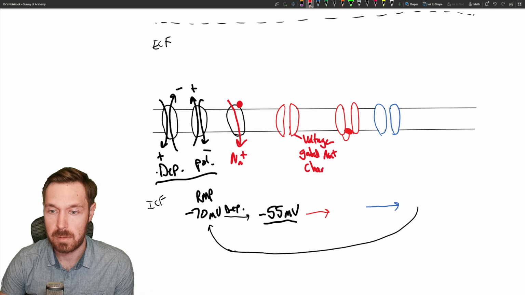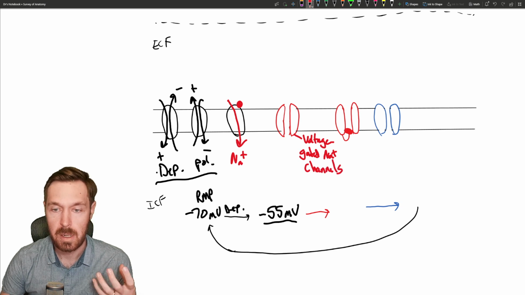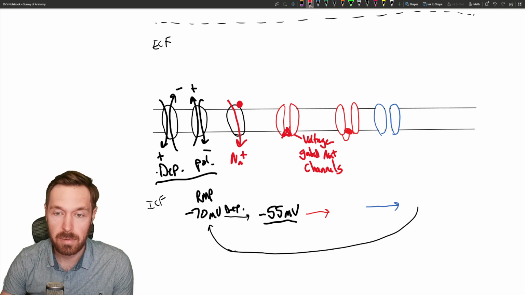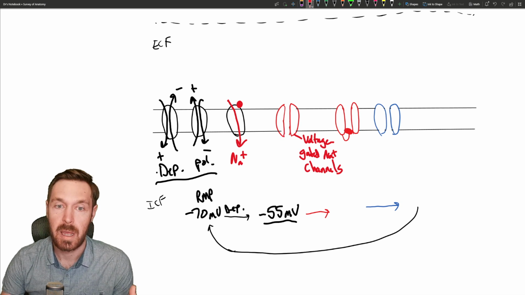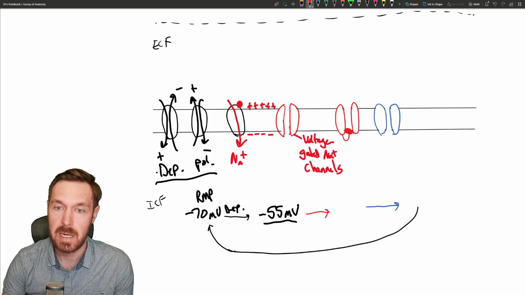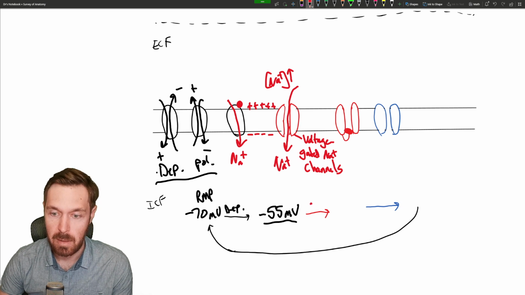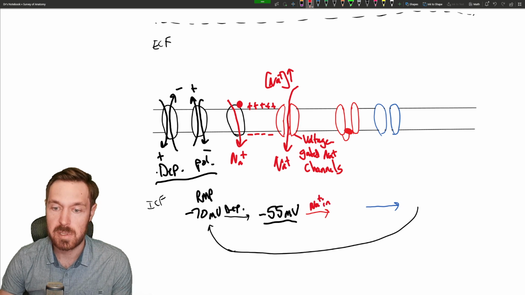sodium channels. Now, voltage-gated sodium channels are typically closed. They have these gates here. And when they hit minus 55, they open those gates. And because you have a very high positive charge outside and that negative charge inside, and a high concentration of sodium outside the cell, because we're looking at what we built for resting membrane potential, sodium will rush into the cell and it rushes in so fast that it goes all the way up to plus 30 millivolts.